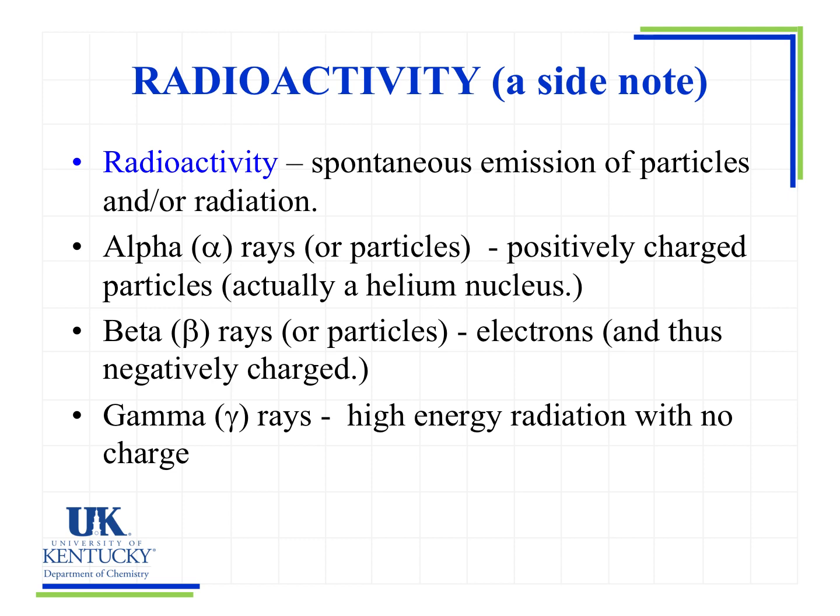The first one is alpha rays or alpha particles, which are positively charged particles, and right now we know they're actually helium nuclei. The second one is beta rays or beta particles, which are negatively charged particles, and now we know that they're electrons.